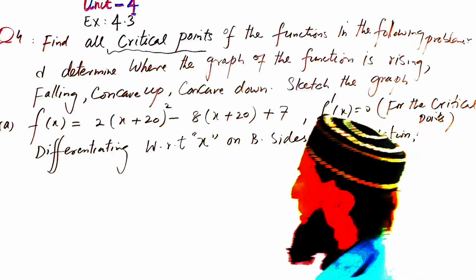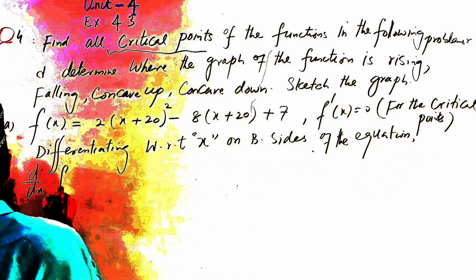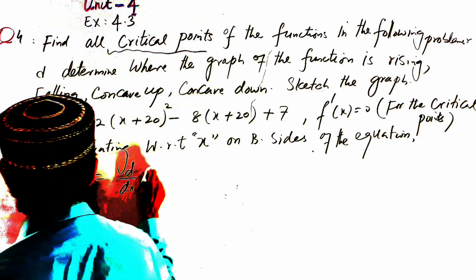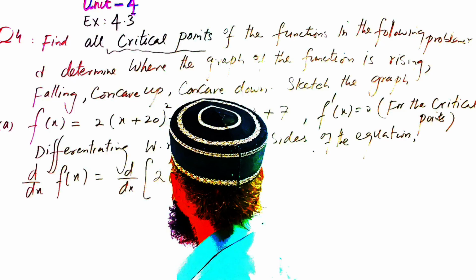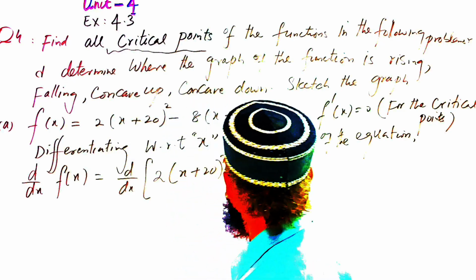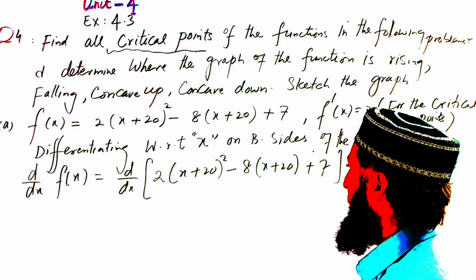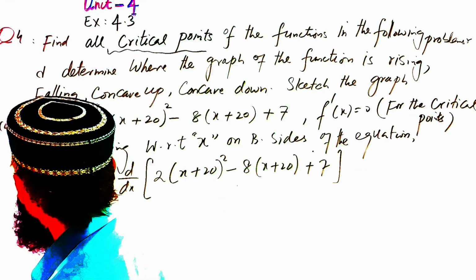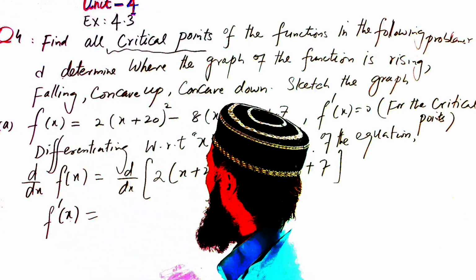We get dy by dx of f of x is equal to dy by dx of 2 into (x plus 20) whole squared minus 8 into (x plus 20) plus 7. We can write this f dash x, f prime.